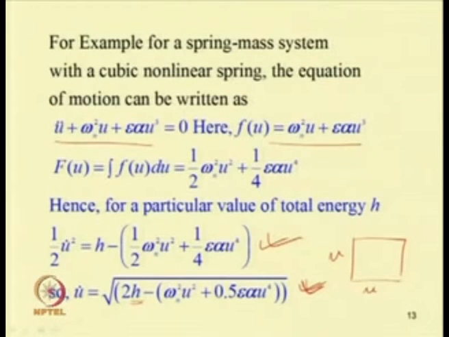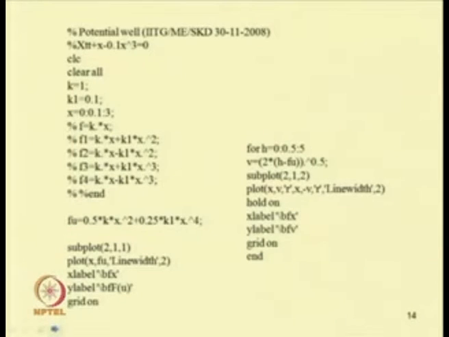First, one has to plot the potential function of the system. Then, for a given potential, one can find the response. This is a code written to find the potential well of different systems.